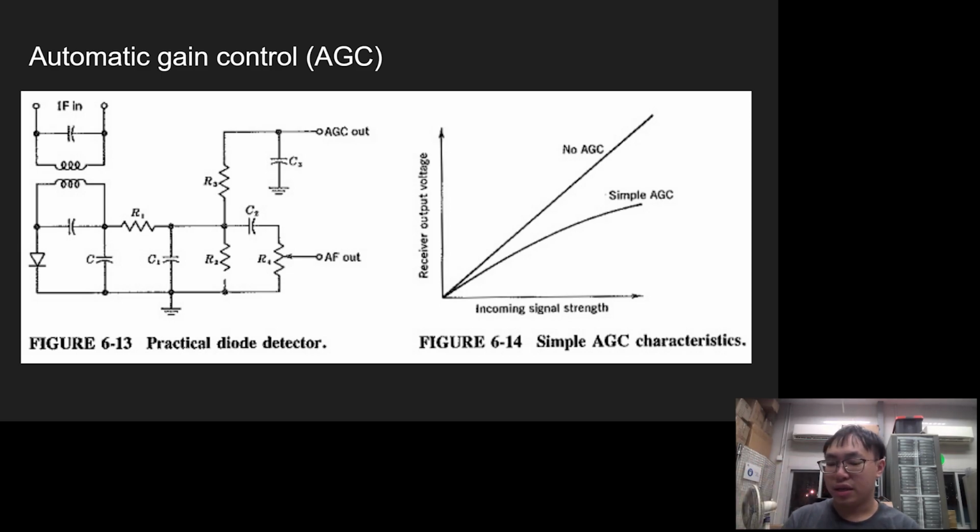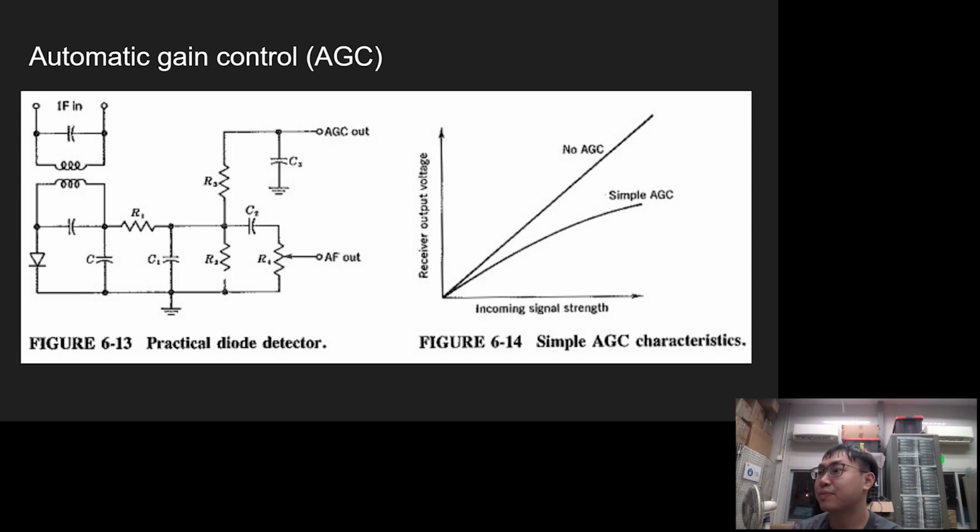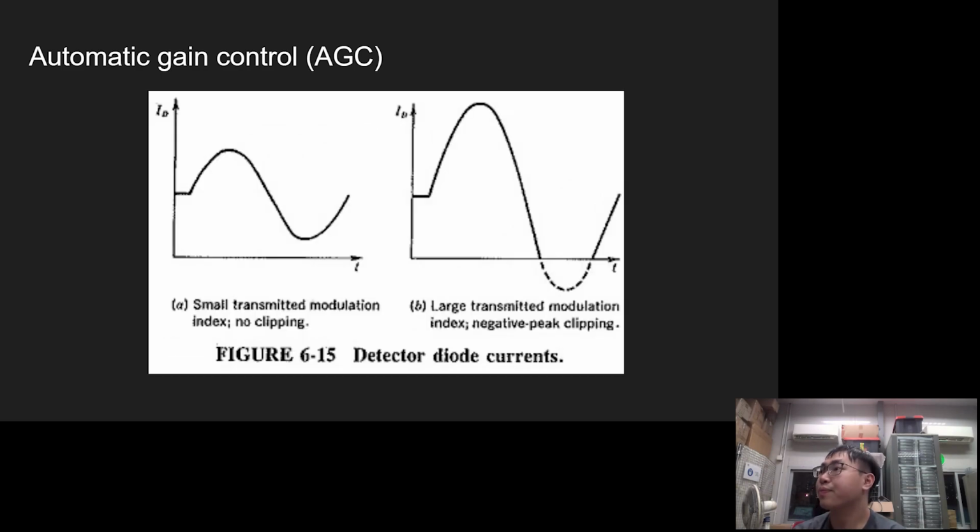It does this in a negative feedback to prevent the signal growing too big. But it is more commonly used in transmitting instead of the radio. Because for the radio, it will have a problem of overmodulation, but receiving does not have this kind of problem, because you can't control it already.